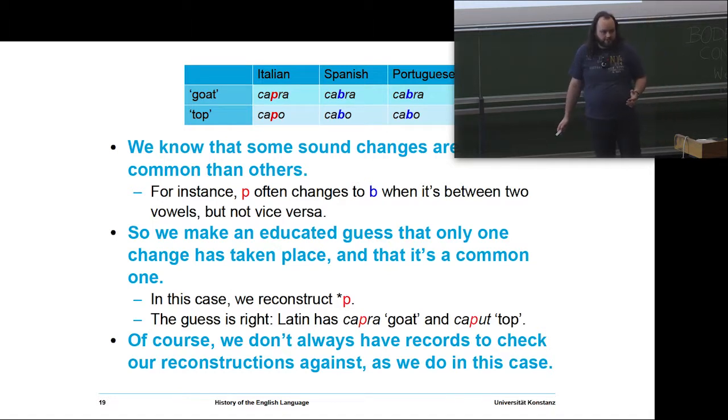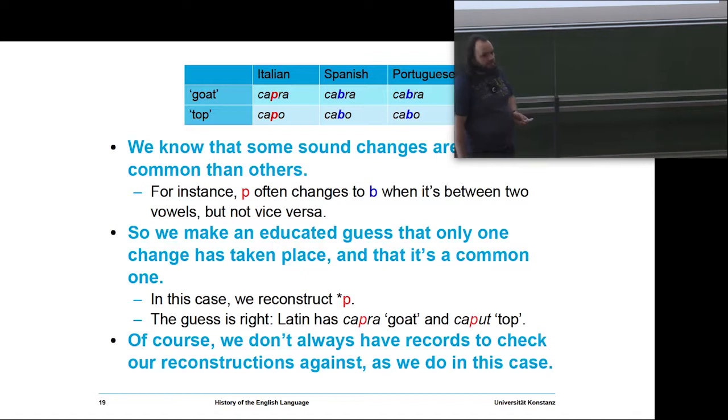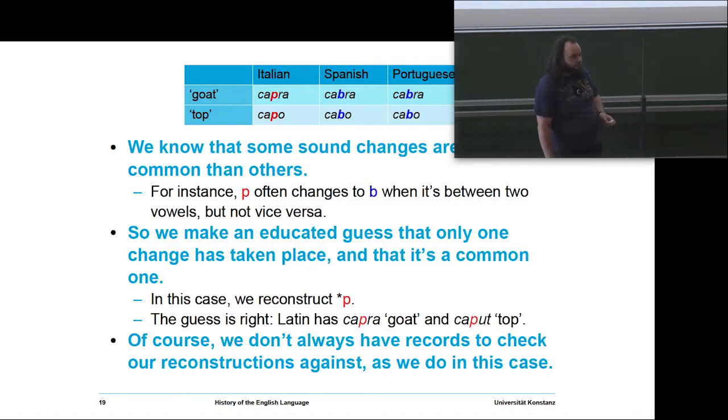It's to do with voicing. But I won't go into the details of that. We just know that p usually changes into b between vowels, but the opposite change is much, much less likely to occur. As a result, we can make what we can consider an educated guess. One change has taken place, it's a common change, and p has turned into b in the ancestor of Spanish and Portuguese, or even individually in those two languages.